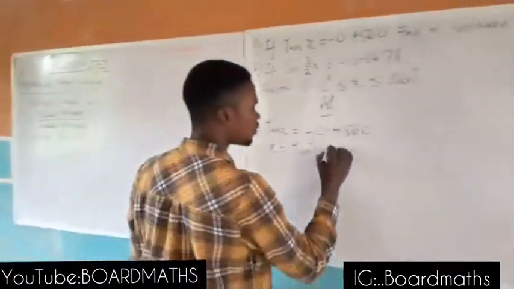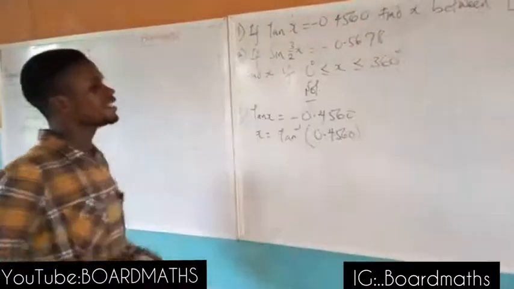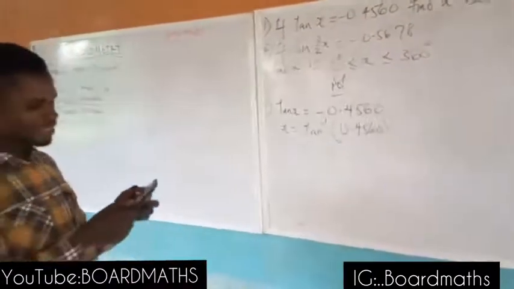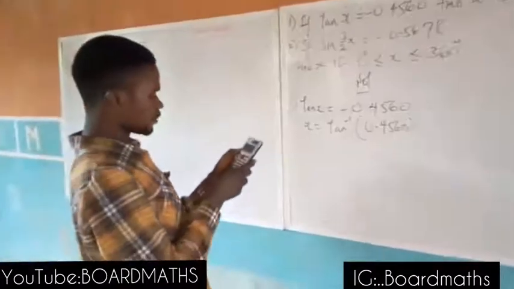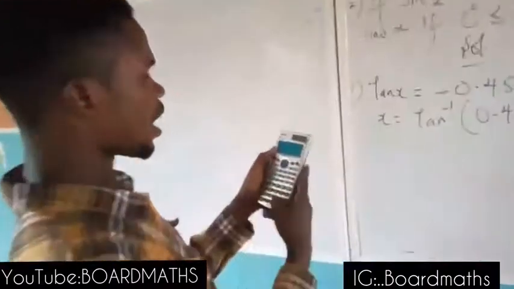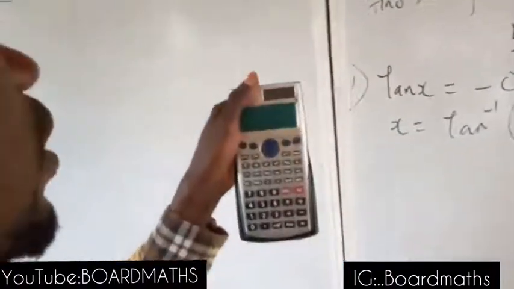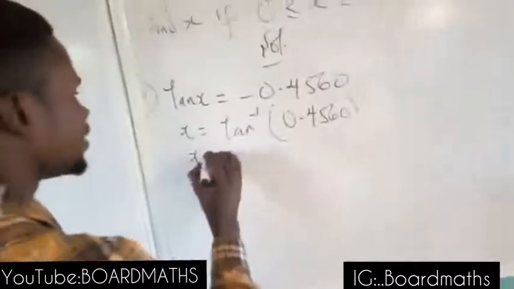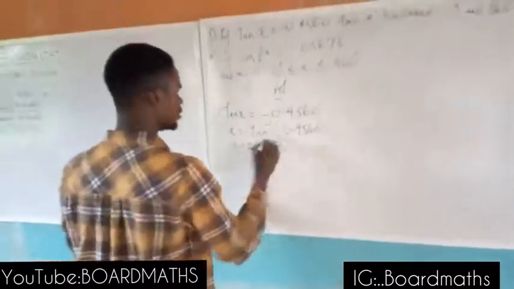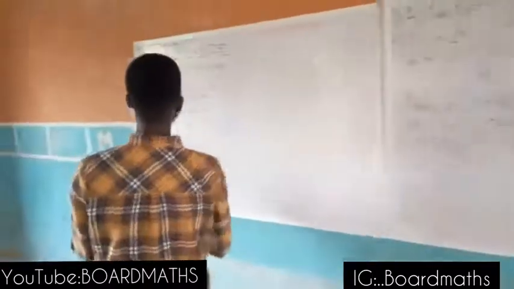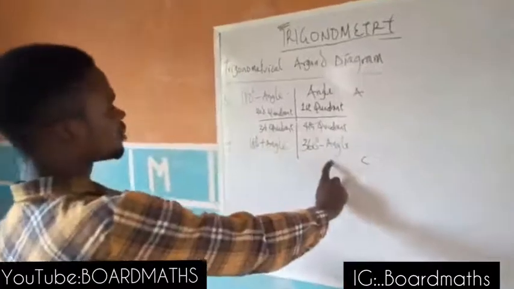So if you find the tan inverse of 0.4560 on our calculator, we have 24.51. So our x is equal to 24.51 degrees, but it belongs to the second quadrant and the fourth quadrant.